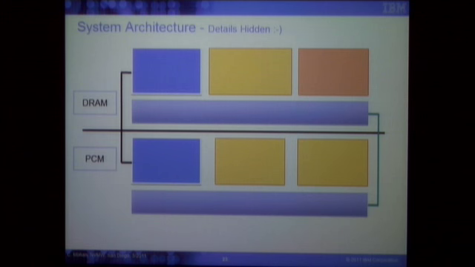Essentially, what we said was, let's take something like Memcached and make it use PCM as the persistence medium rather than traditional disk as the persistent medium. Then the question was, what should we be doing? What is the role of DRAM versus PCM in this environment? So the way we have gone about doing this, we have figured out that there are certain data structures which, for instance, like this box, will reside only in DRAM.